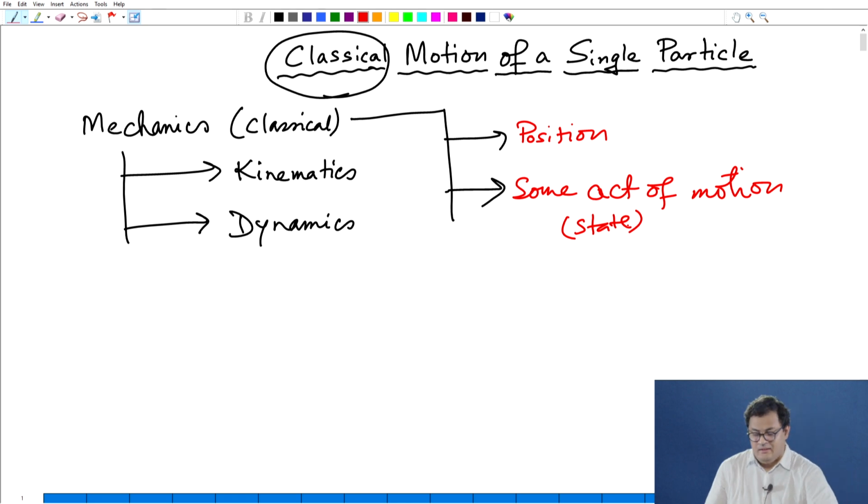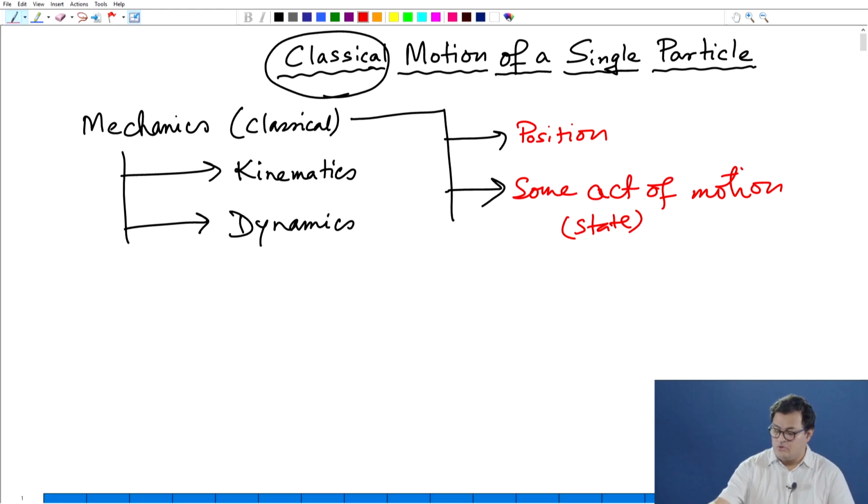Whenever we are trying to say, at a given time instant, we are trying to understand where the particle is situated and whether the particle has any inclination to move further or to change the state of its motion.